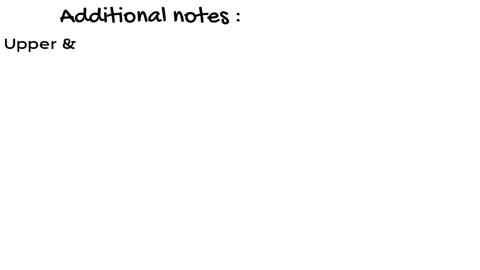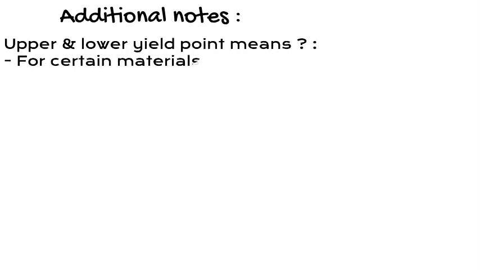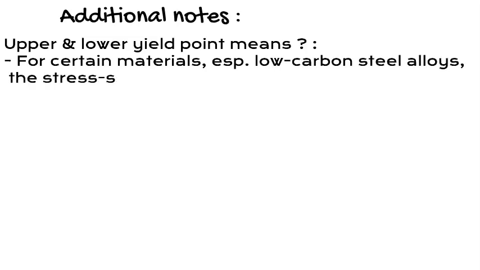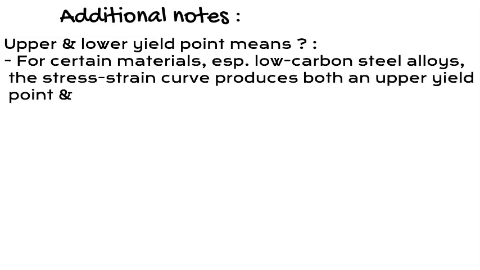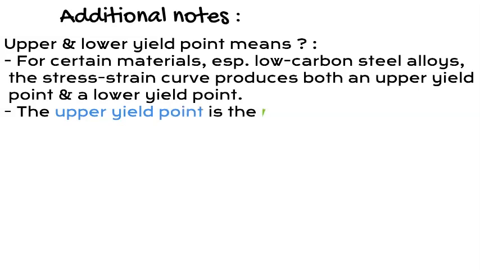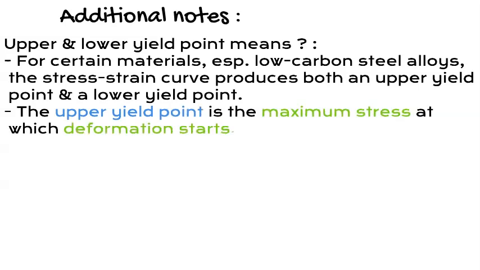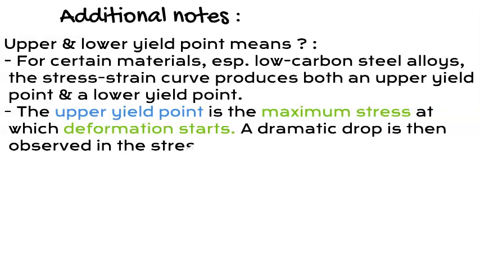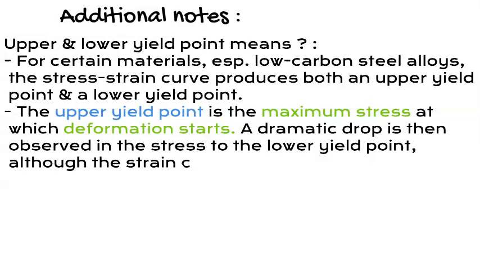For upper and lower yield points, for certain materials, especially low carbon steel alloys, the stress-strain curve produces both an upper yield point and a lower yield point. The upper yield point is the maximum stress at which deformation starts. A dramatic drop is then observed in the stress to the lower yield point.